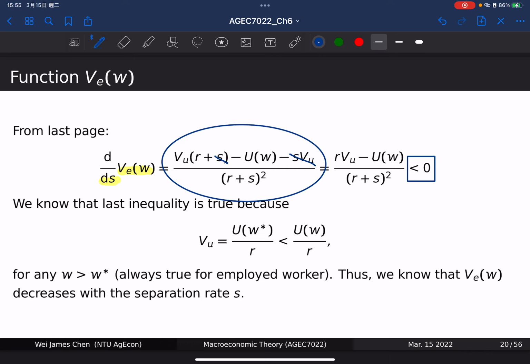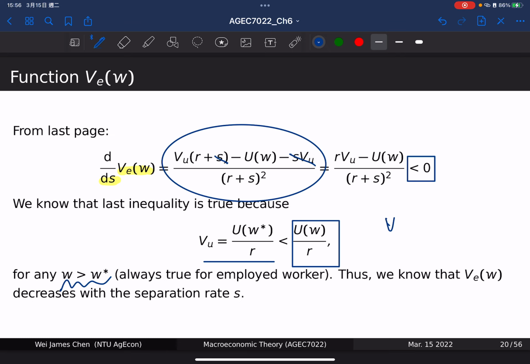Because from last page, I know that VU equals U of W star divided by R, and that is going to be less than U of W divided by R for any W that's greater than W star. So that means it is for any W that will let this person be employed. Any employed worker will have a wage that's greater than W star, by definition. So it must be the case that W is greater than W star for this W.